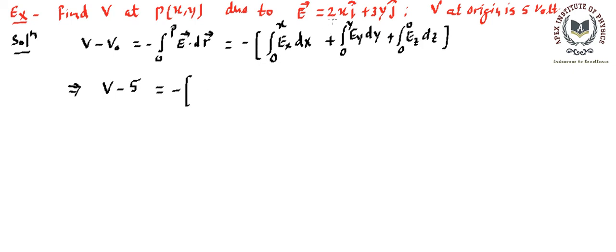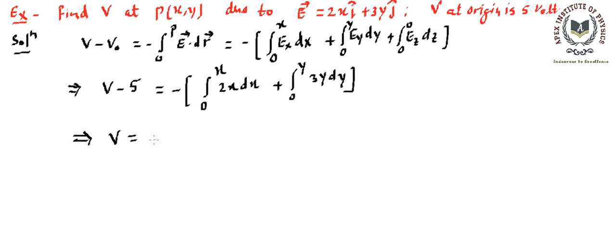Now the definition of Ex can be borrowed from here. So the i coefficient is Ex, which is 2x. So this becomes integration from 0 to x of 2x dx, which is easily integrable, plus integration from 0 to y of 3y dy. If we use the rules of integration, this V can be written by transferring 5 to that side.